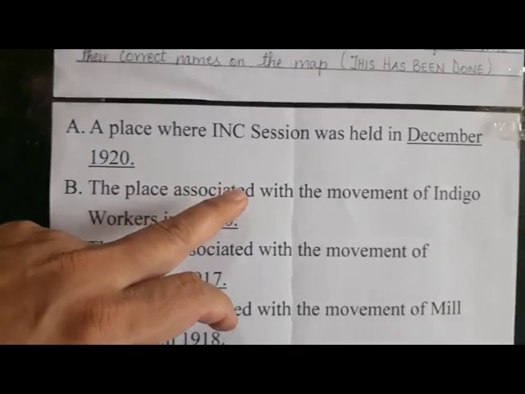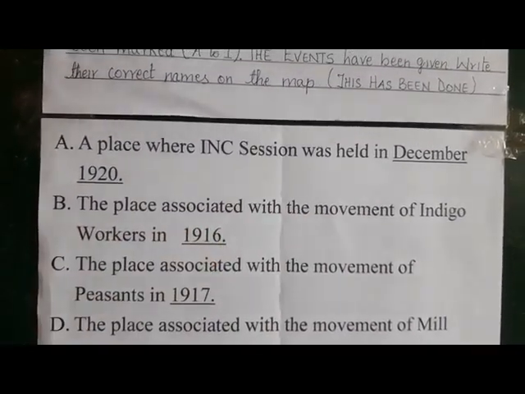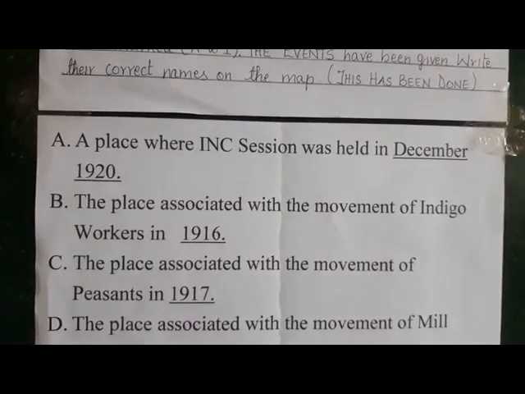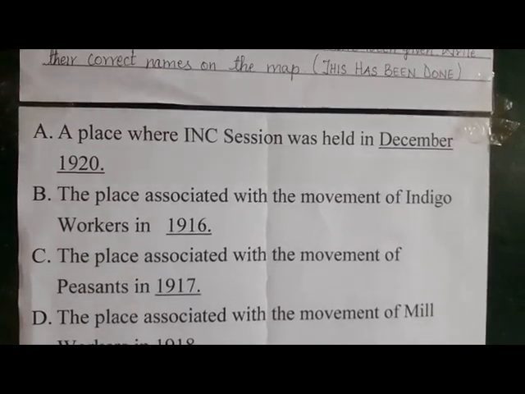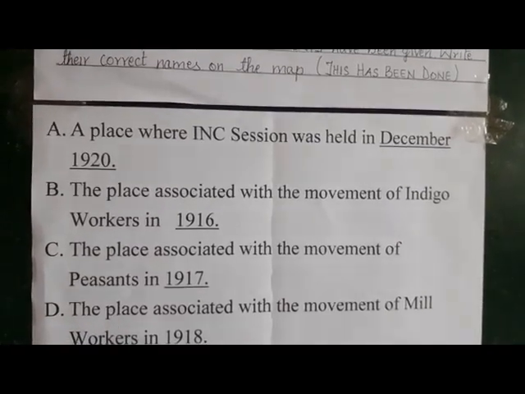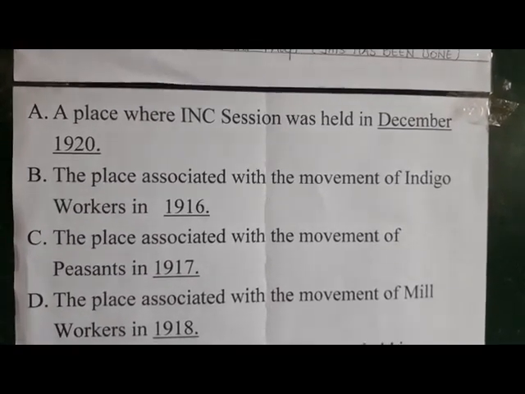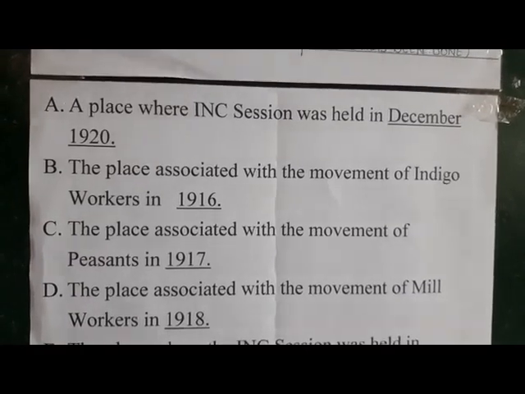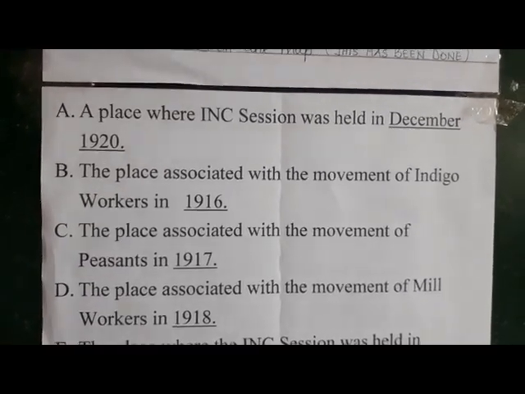Next, B. The place associated with the movement of indigo workers in 1916. That is when Gandhiji had come back from South Africa. Remember that he had taken his satyagraha movement, and he helped people, the peasants in Champaran, the peasants in Khera, and also the mill workers in Ahmedabad.